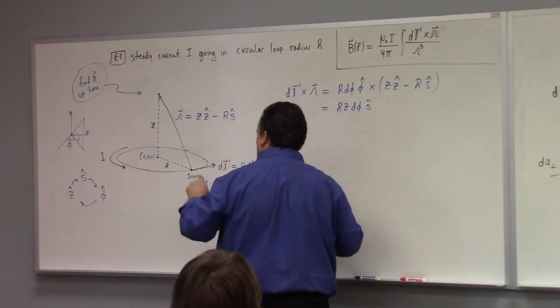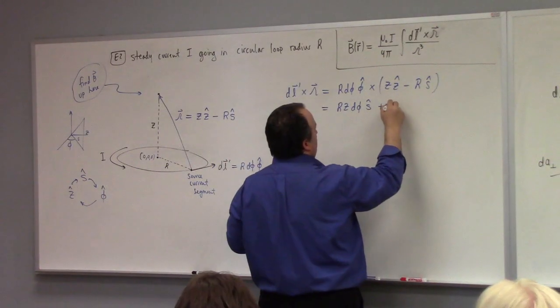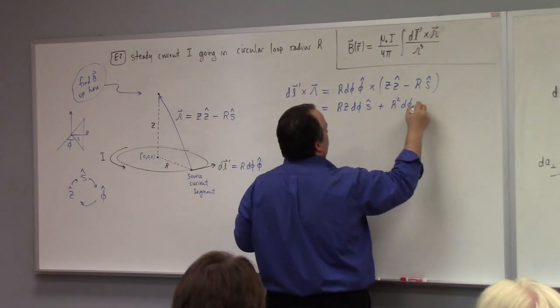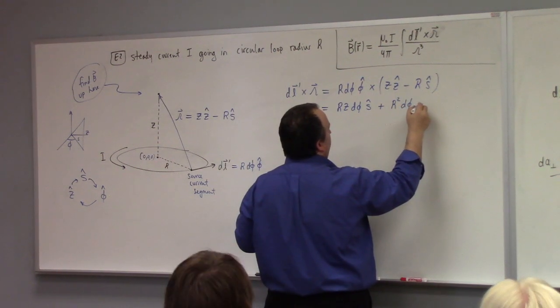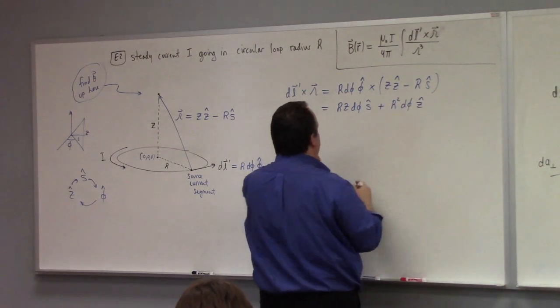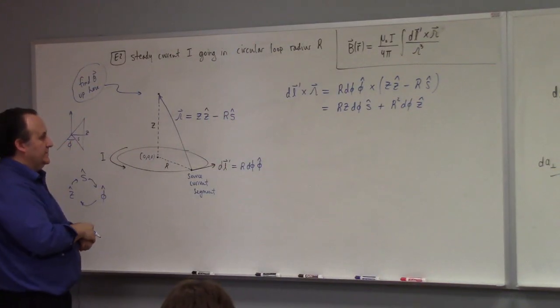And then phi hat cross s hat, that's going opposite the circle, so I actually get plus r squared d phi z hat, yeah? Minus a minus gives me plus there. All right.